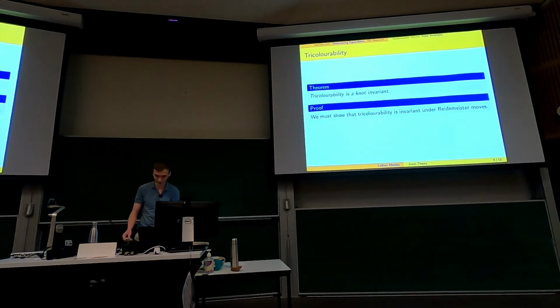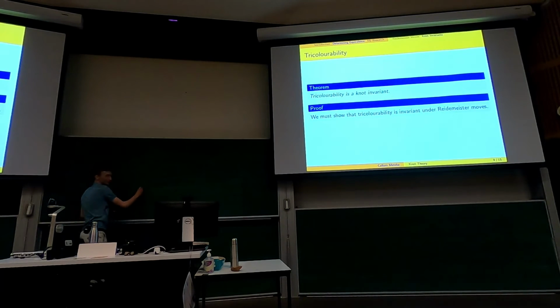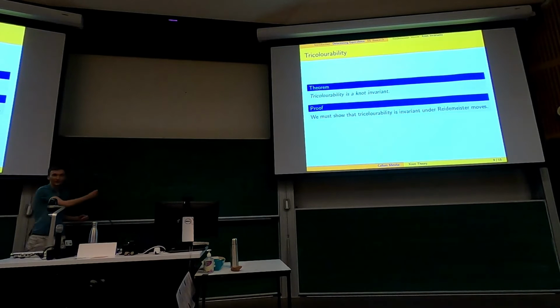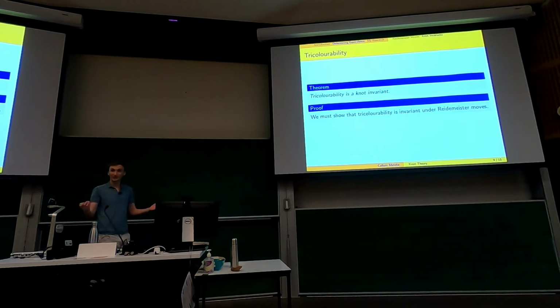We have just shown that the tricolor knot and the unknot are not equivalent. There is no way for me to manipulate the unknot to get the tricolor knot, which is kind of cool.